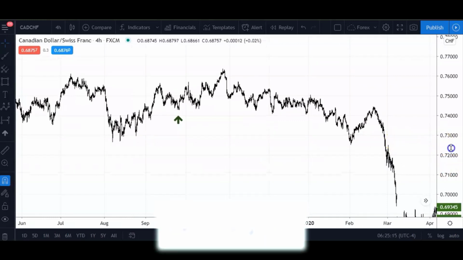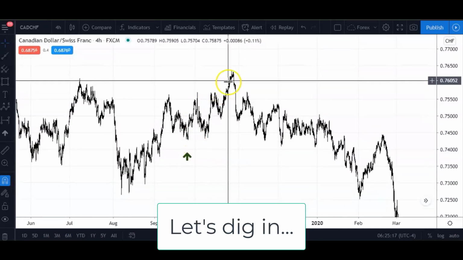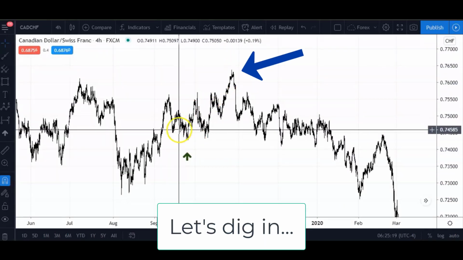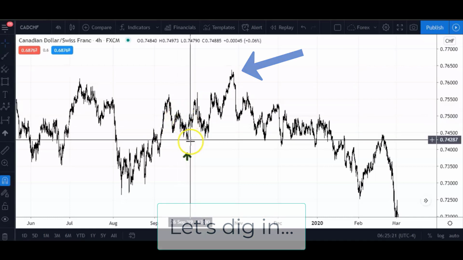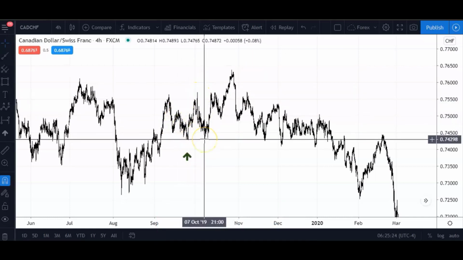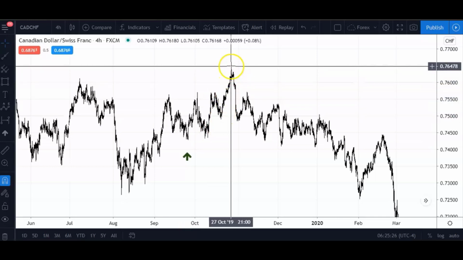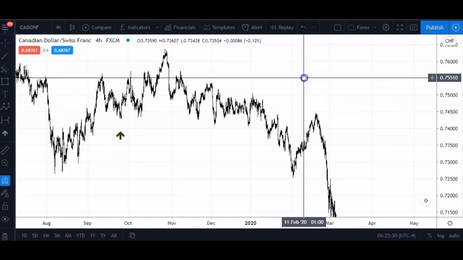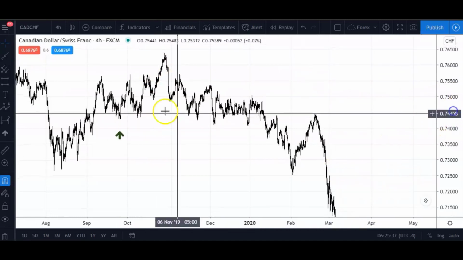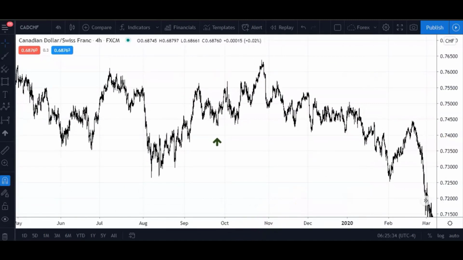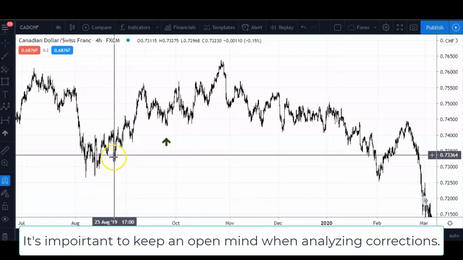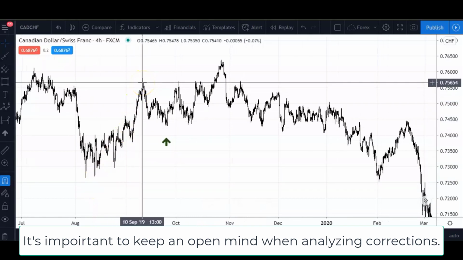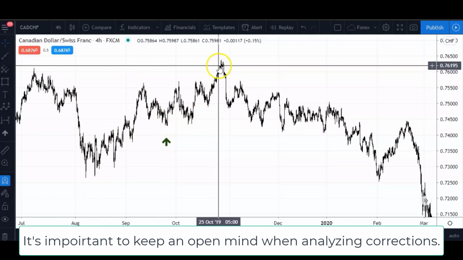Now, this move into that high over here, to me, started looking like an expanding triangle, but having an expanding triangle end there and then have this massive move to the downside, this would not have been an expanding triangle. It probably was some sort of first wave up, A, then a B, and then a C wave up.